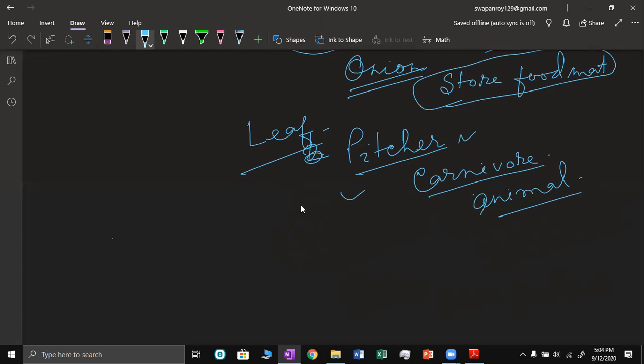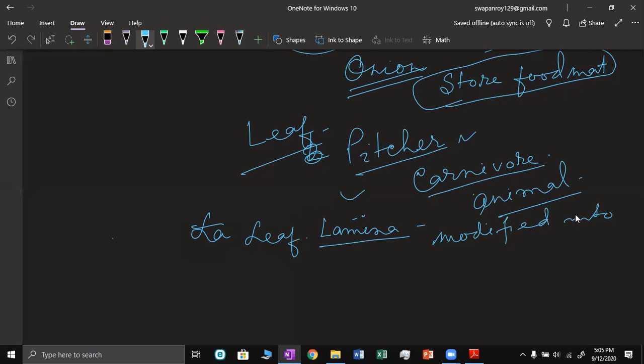In the leaf pitcher, the leaf lamina, that is the broad flat portion, is modified into a pitcher-like structure.